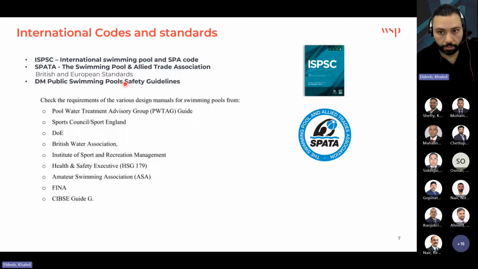Here in Dubai, there are the DM Public Swimming Pool Safety Guidelines, and maybe you have a local code in your area, wherever you are. Or international standards such as the American standard, or SPATA for the British and European standard. And there are also many guidebooks that could help if you need them as a reference while you are working in this career.